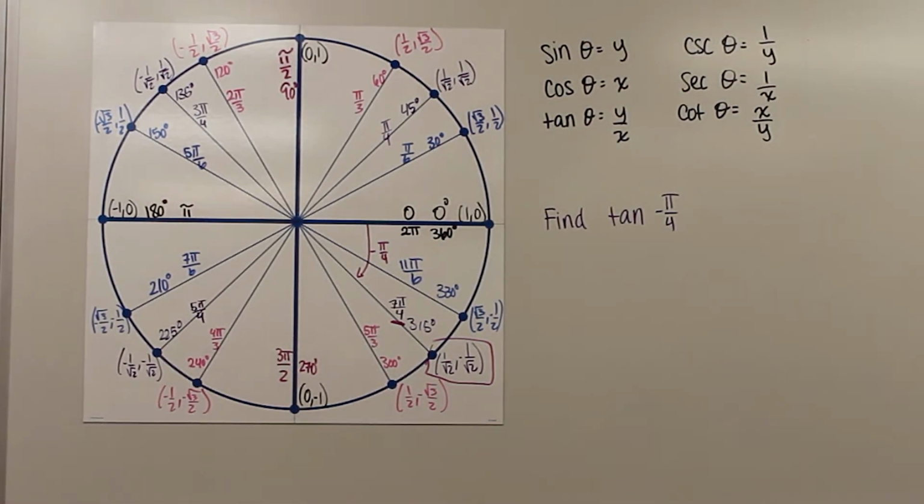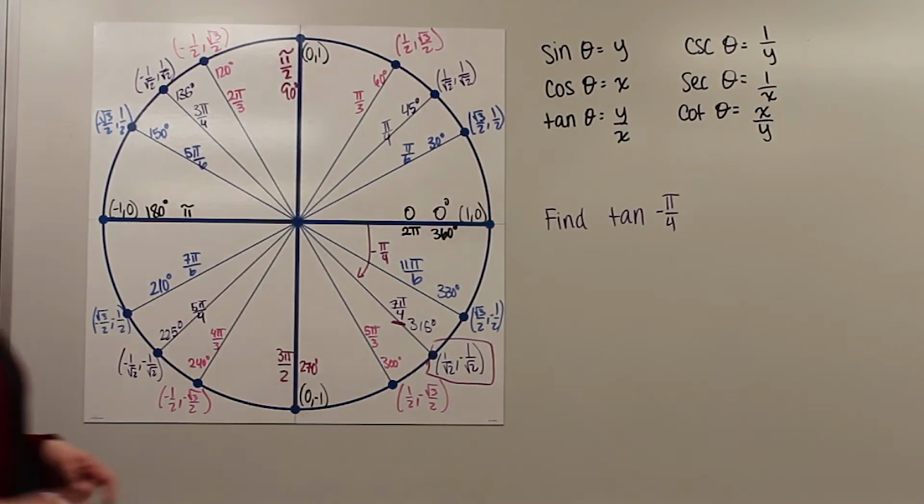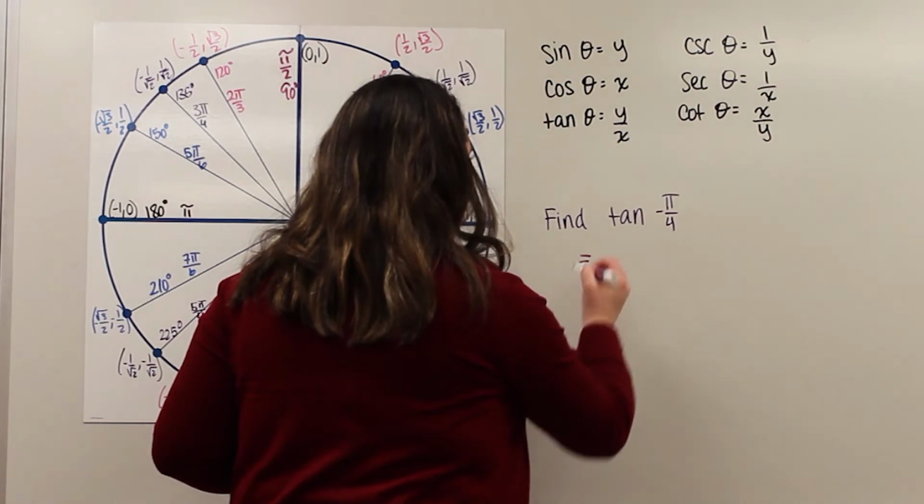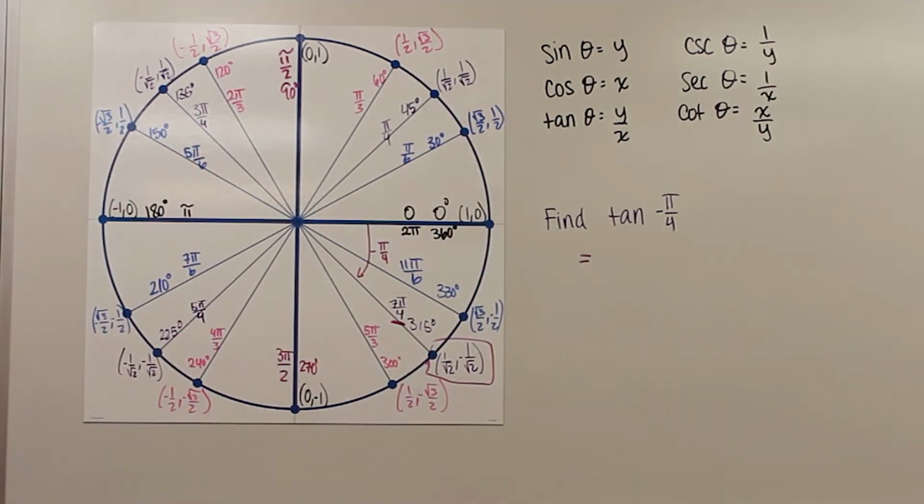All right, tangent of theta is the y value over the x value. So we need both the y value and the x value for this one. Now I'm going to write it out the long way instead of as a complex fraction.